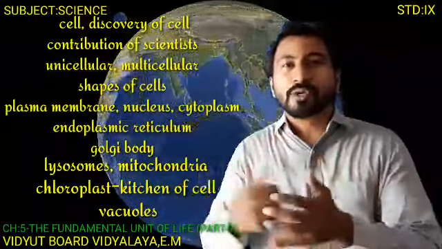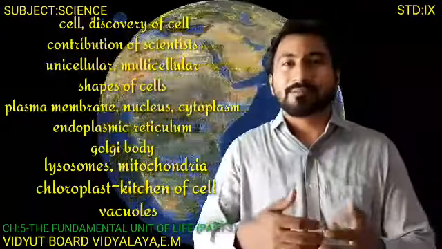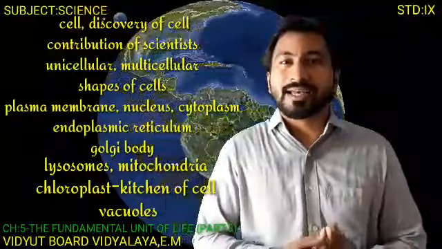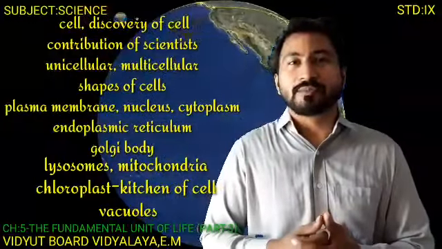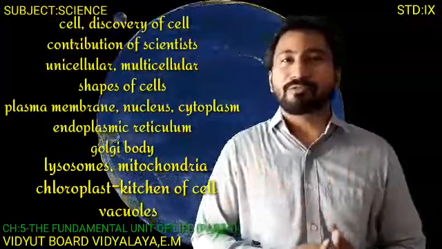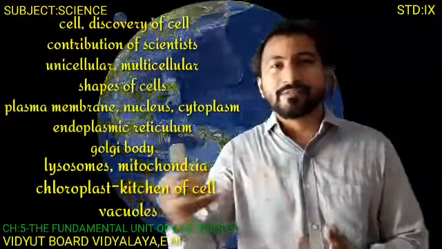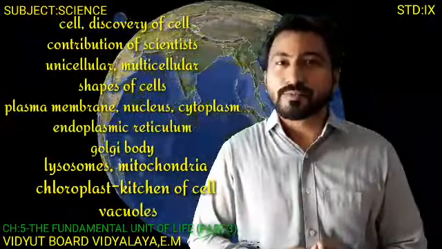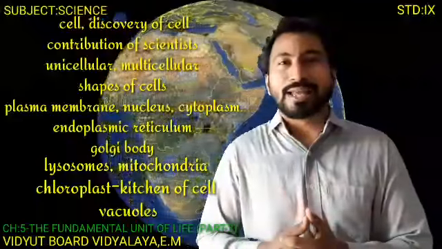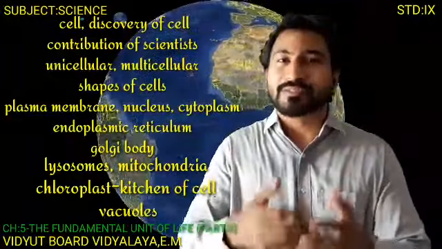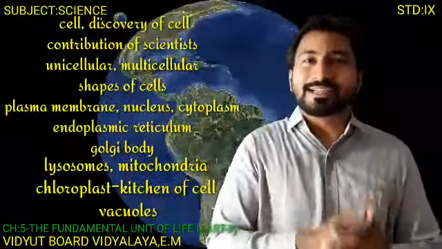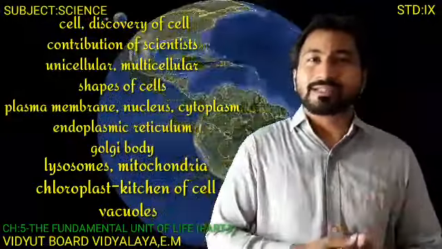We went on to the Golgi body, discovered by Camillo Golgi, and how it is mainly responsible for the packaging of various substances. We went on to the lysosomes and how it is known as the suicidal bag of the cell. Then we dealt with the mitochondria, the powerhouse of the cell.